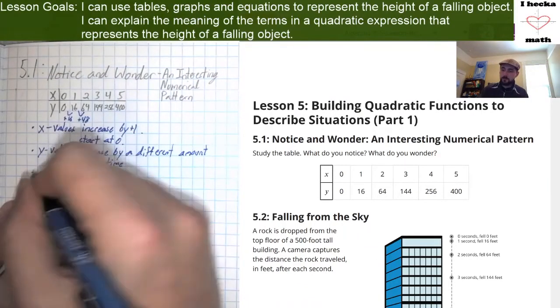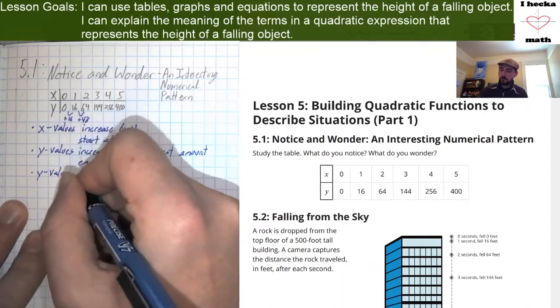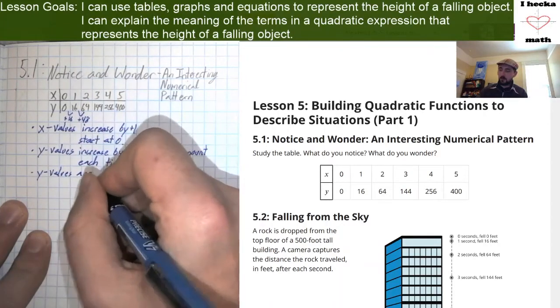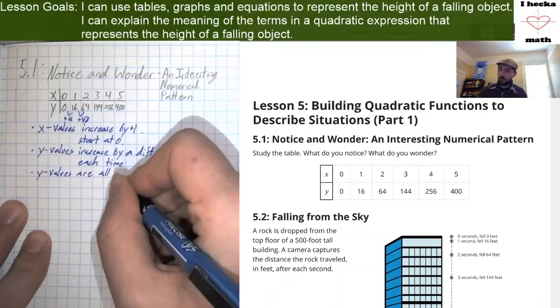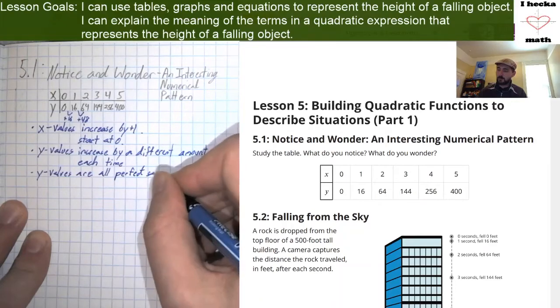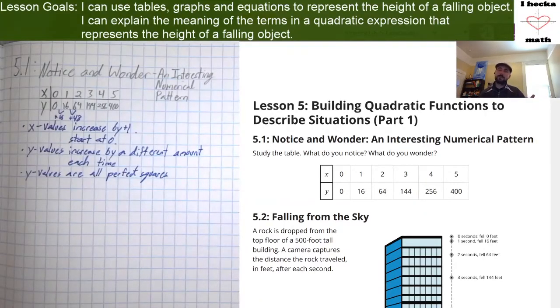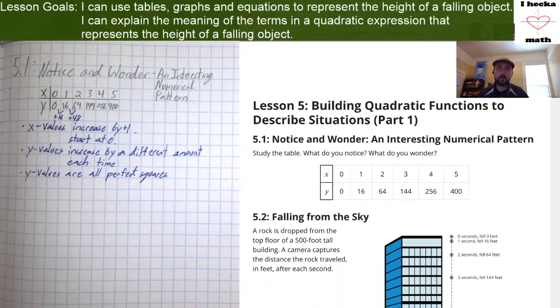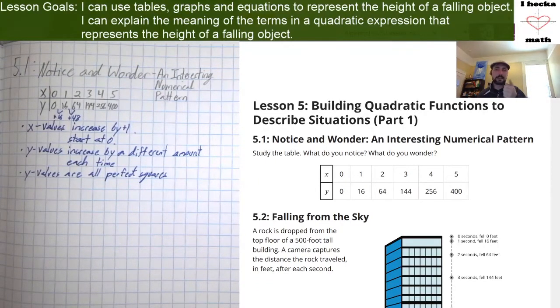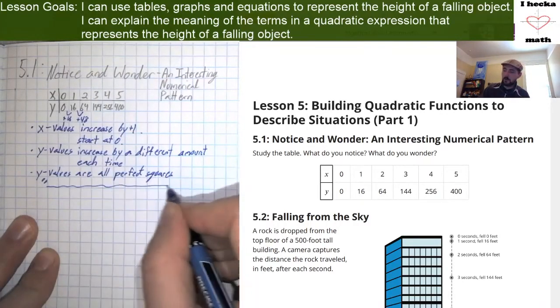So you could have noticed or said something like the y values are all perfect squares. Now you would only notice this if you already know some details about perfect squares, but what I mean is that 16 is 4 squared, and I'll write this down in a thought bubble here.